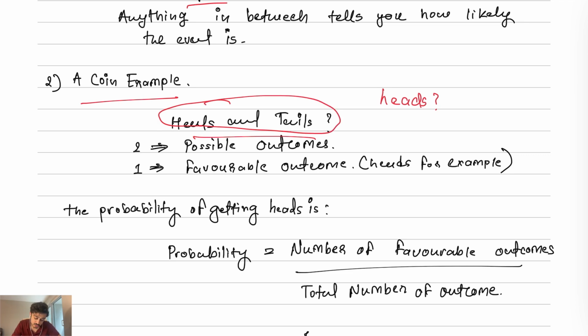The possible outcomes are two, because either you can get heads or tails, and one is the favorable outcome, for example heads. In our case, if you toss a coin, there are two possible outcomes, either heads or tails, but what we are looking for is heads. What percent chance is there to get heads? So there is only one chance, which is the favorable outcome: we will get heads.